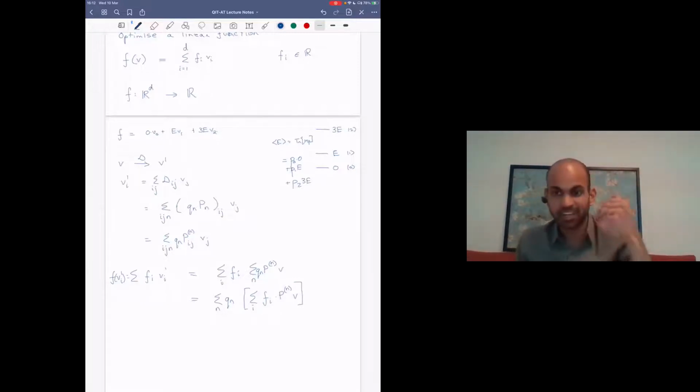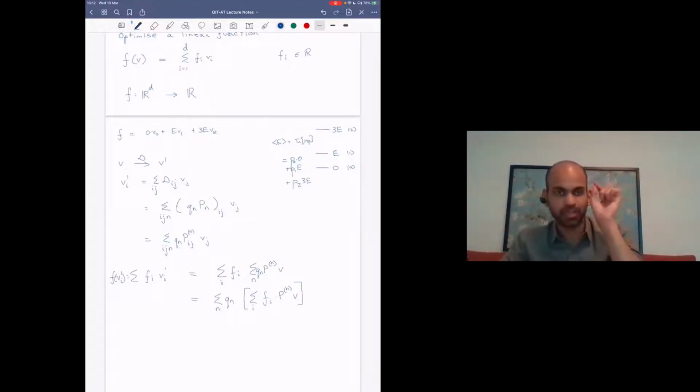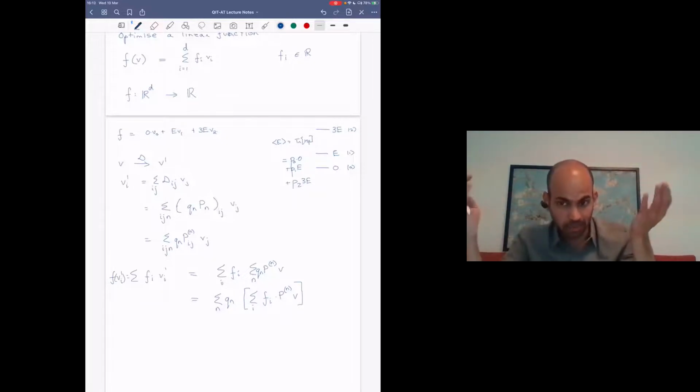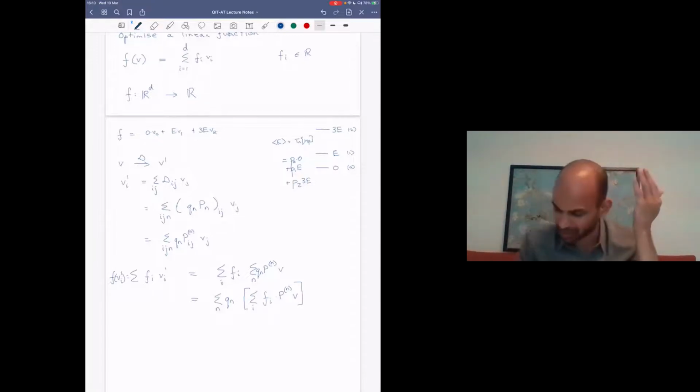And what I've ended up with now is, since every doubly stochastic matrix is a convex combination of permutations, I find that the final value of the function is going to be a convex combination of what the values of the function are on every permutation of the original vector. And a convex combination of numbers always lies between the range of those numbers. So a convex combination of two numbers is guaranteed to lie in between them. In a similar way, a convex combination of n numbers is going to lie between the minimum and max of these.